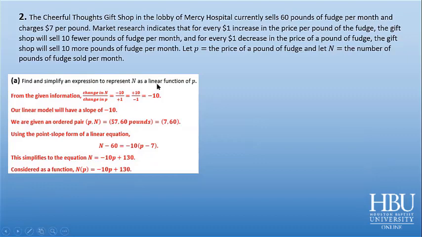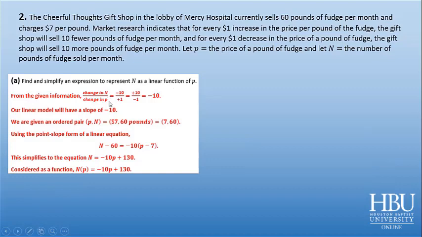We know that we do want a linear function because the number of pounds is changing at a constant rate with the change in the price. From the given information, the change in the number of pounds, change in N, over the change in P, or change in price, is calculated as this.